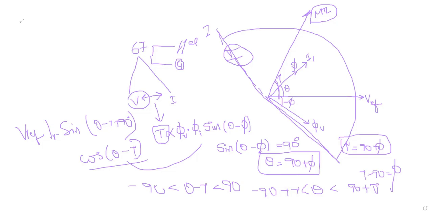The main important thing is, one is we have to know the maximum torque angle, and the other angle, which is the RCA, the relay characteristic angle. These are the two angles we will know when we are talking about directional overcurrent relays. So what is the maximum torque angle? What is the relay characteristic angle?